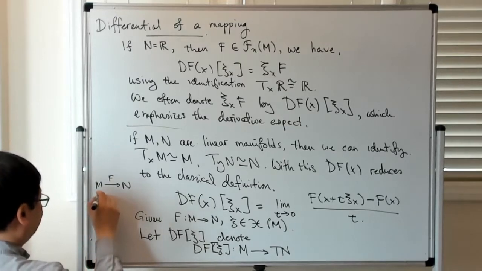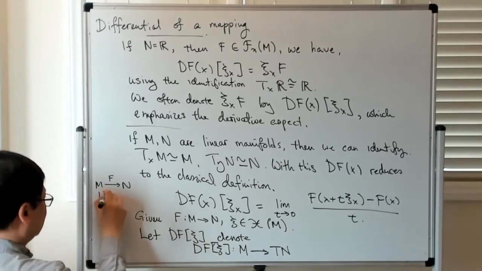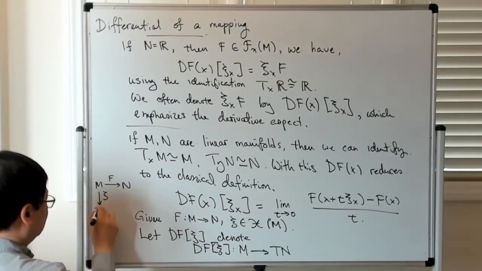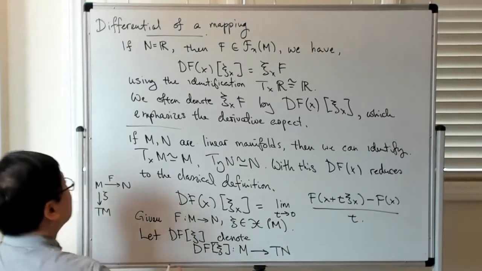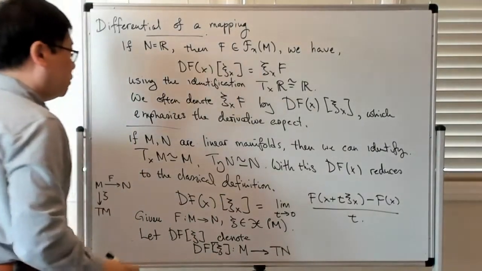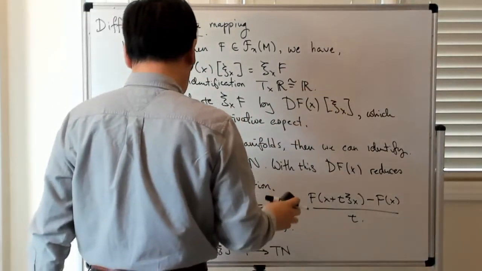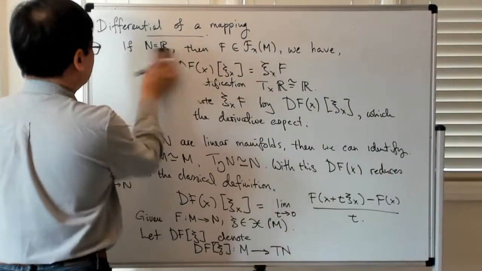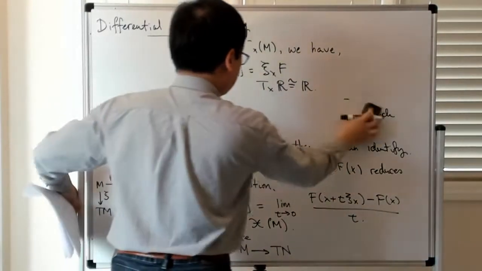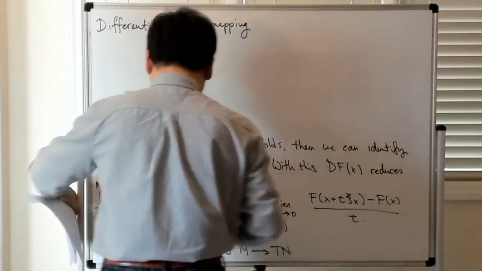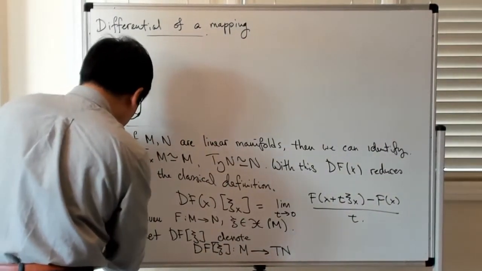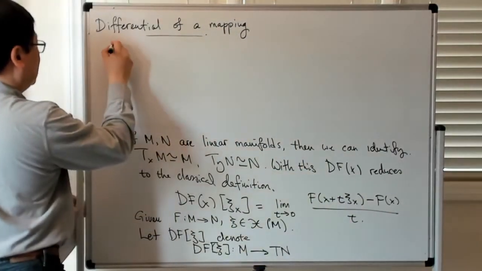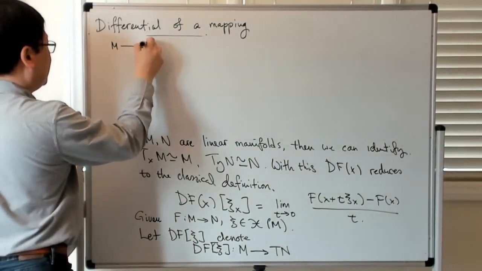You have a vector field, let's call that X, which is a map from M to TM. Let me write it up here. We have a map from M to N, which is f.